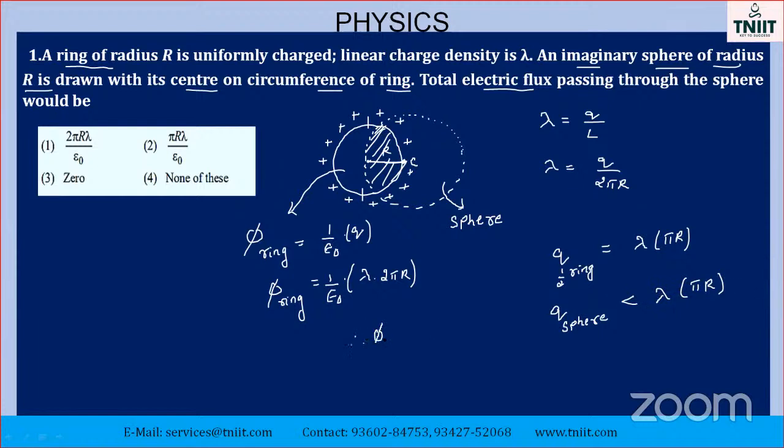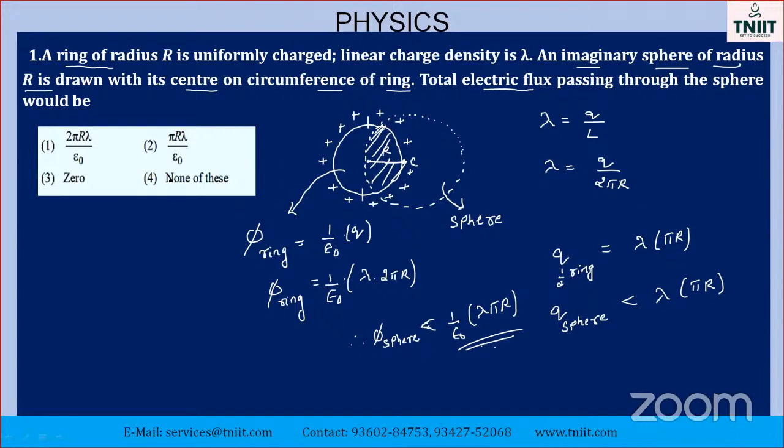Now they're asking you to find what is the flux passing through the sphere. So the flux passing through the sphere would be less than 1 by epsilon naught times the charge, that is lambda times pi r. So charge is less than lambda pi r. So definitely the flux passing through that should be less than pi r lambda by epsilon naught.